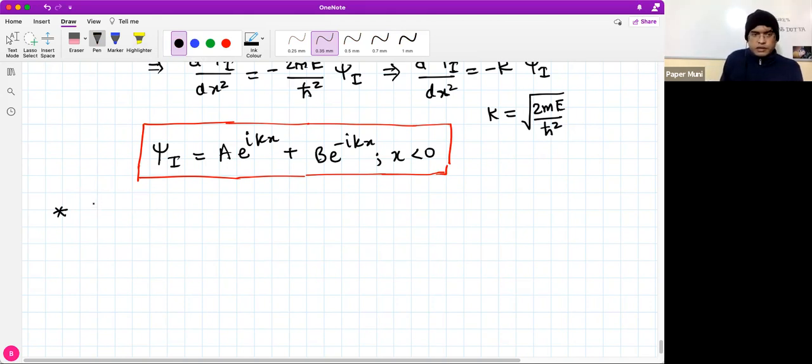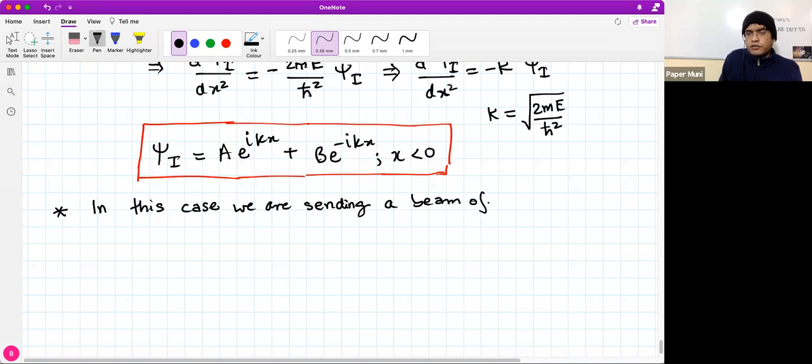So what we are doing in this case is sending a beam of particles, all in the same state, with the same velocity.